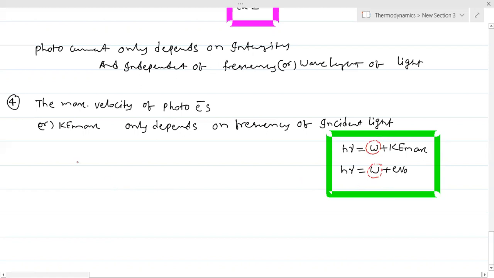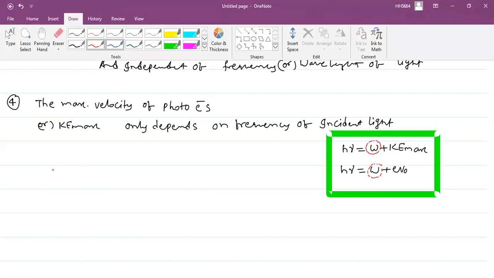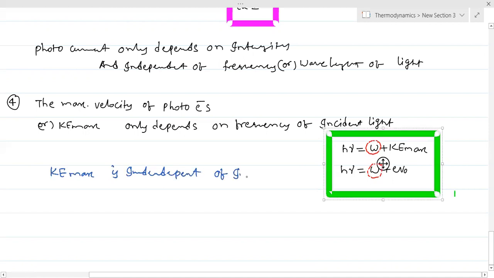And we need to understand that Ke maximum is independent of intensity of light.